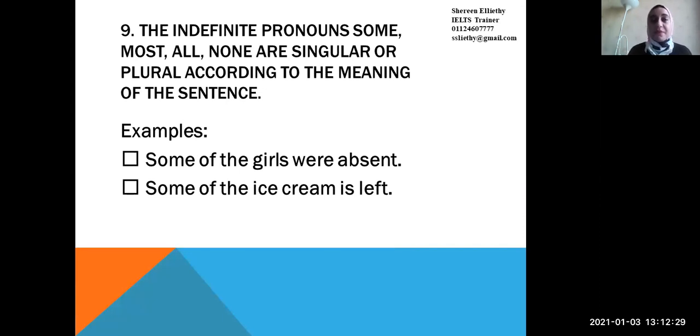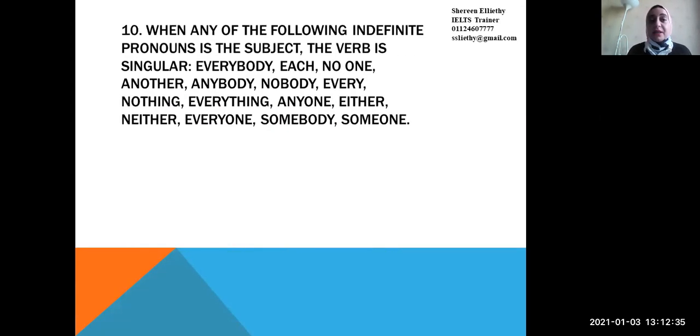Rule number 10: when any of the following indefinite pronouns is the subject, the verb is singular. So all the coming indefinite pronouns will require a singular verb. Everybody, each, no one, another, anybody, nobody, every, nothing, everything, anyone, either, neither, everyone, somebody, and someone.